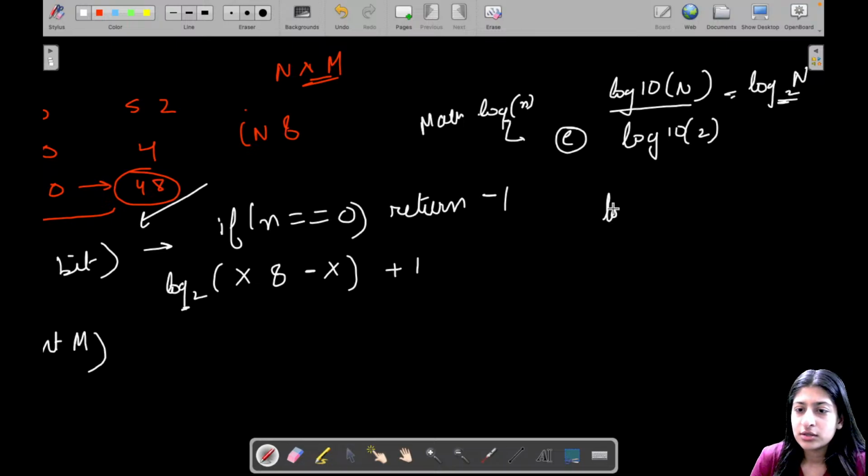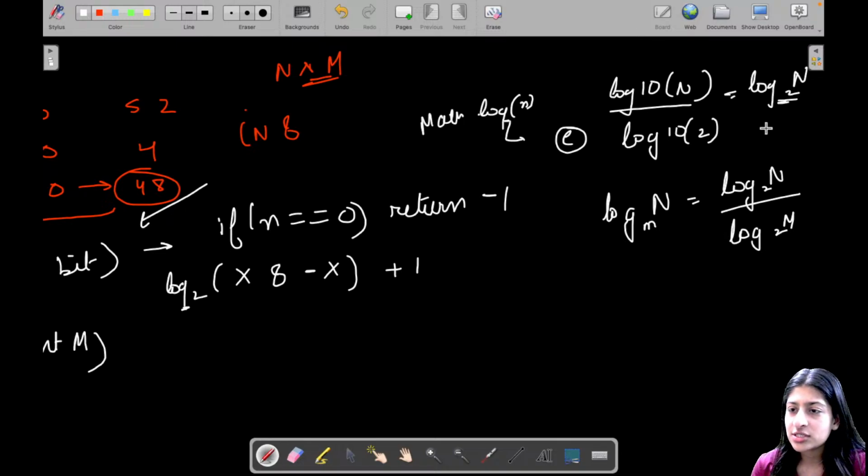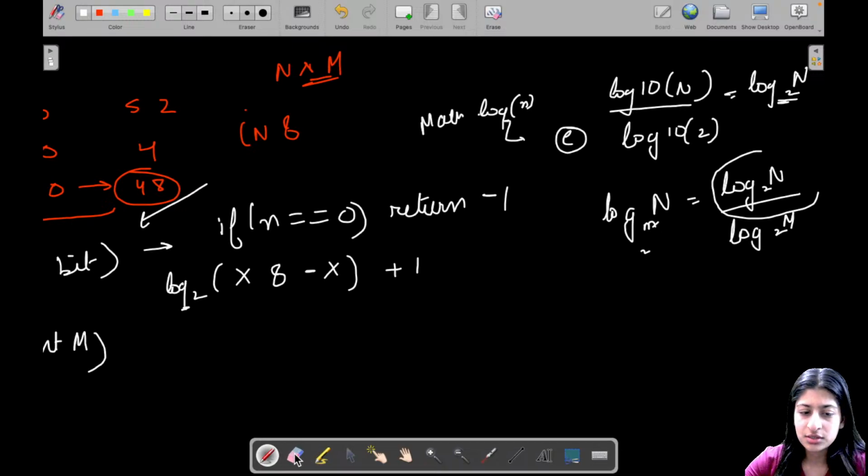How? You must be aware of log n base m: you can write it as log n with the same base divided by log m with that same base. I just want to find log n base 2, so n is this number and m is 2. I hope you understood this operation.